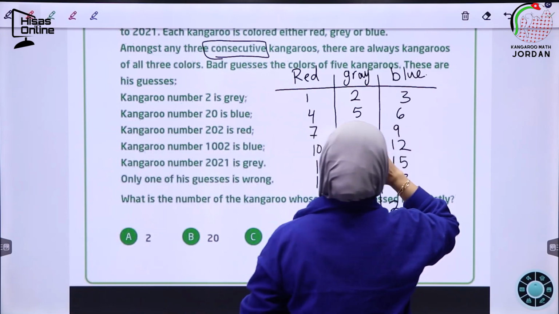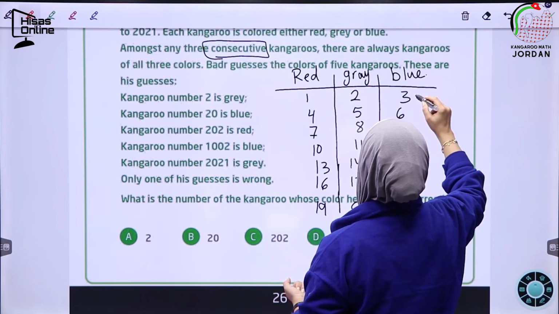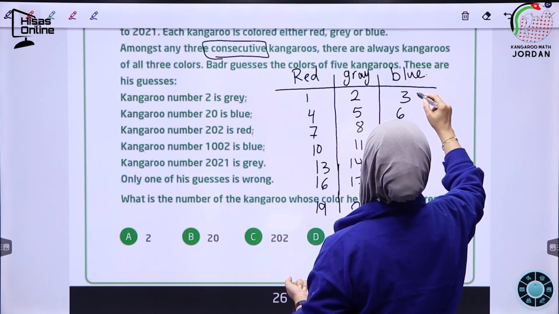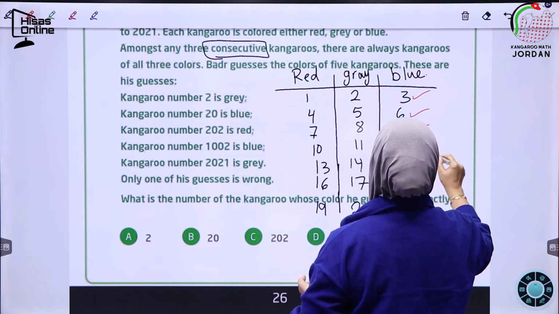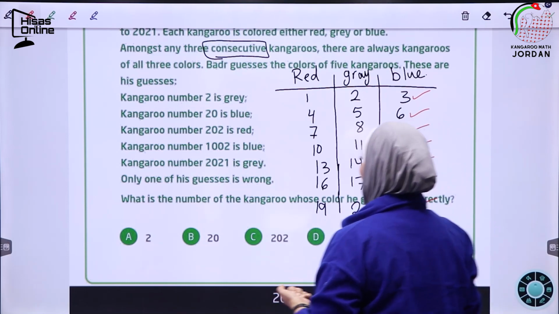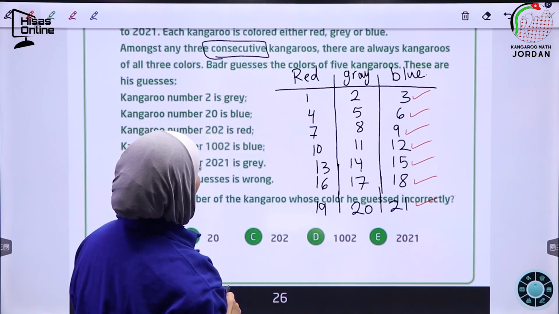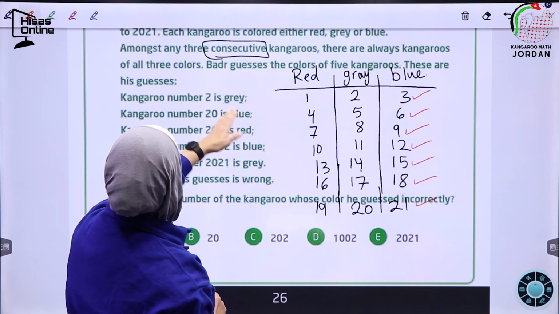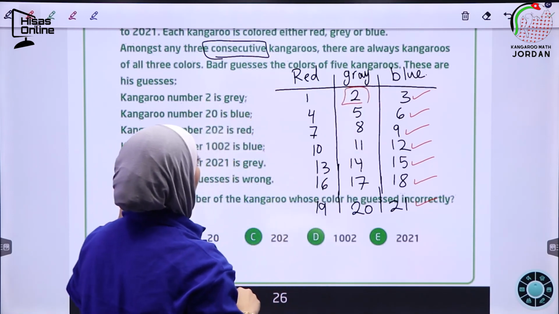Okay, let's discuss the blue. 3, 6, 9, 12, 15, 18, 21. So I should have at least one option of these to understand it. Number 2 is gray, so this is a correct guess.